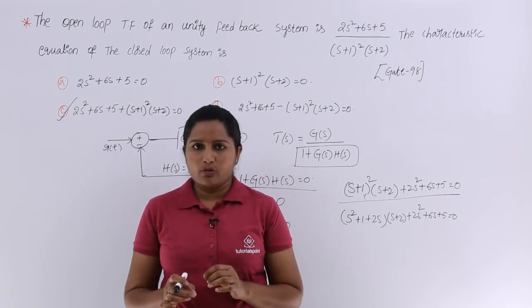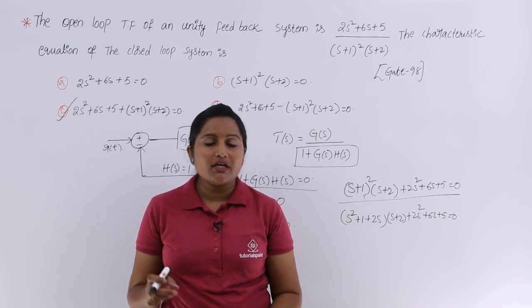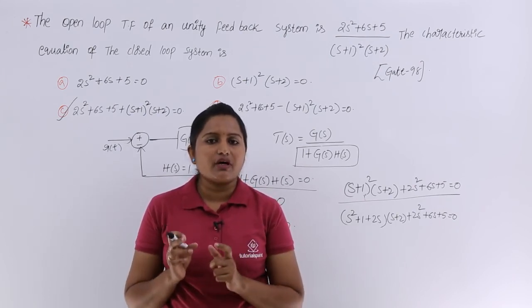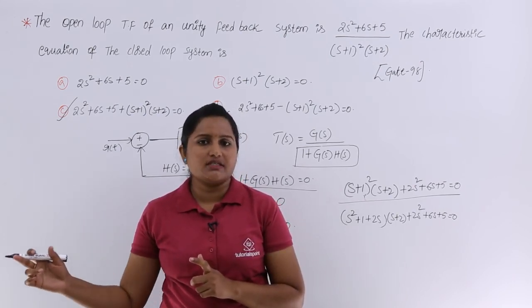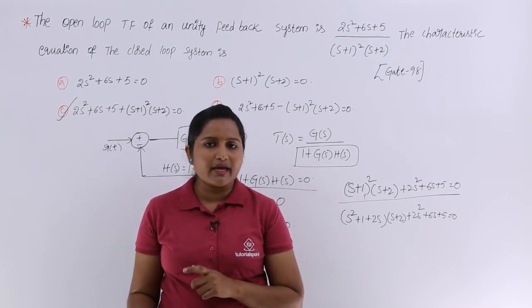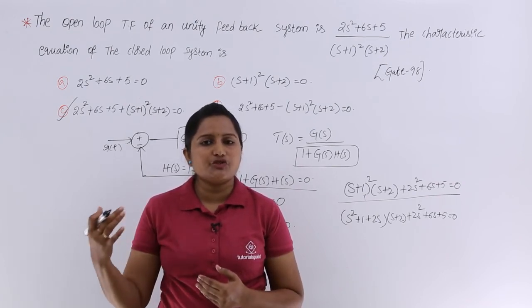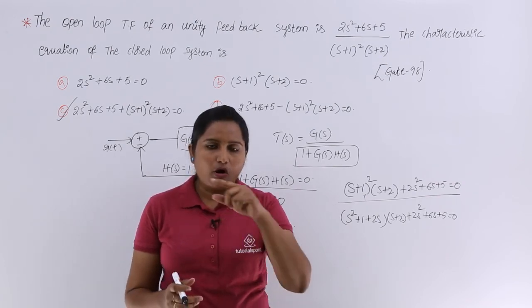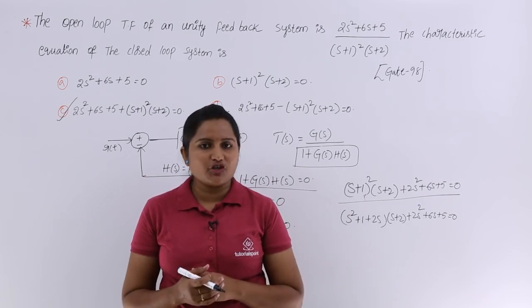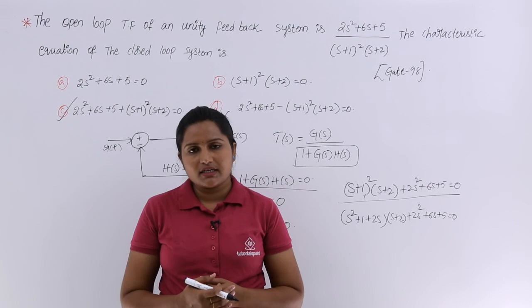In any GATE problem in stability analysis, if they are asking for the characteristic equation, then the formula for that is 1 plus G of S into H of S is equivalent to 0. If H of S is unity feedback, then your equation modifies to 1 plus G of S is equivalent to 0. After solving 1 plus G of S equal to 0, you are going to get your characteristic equation.